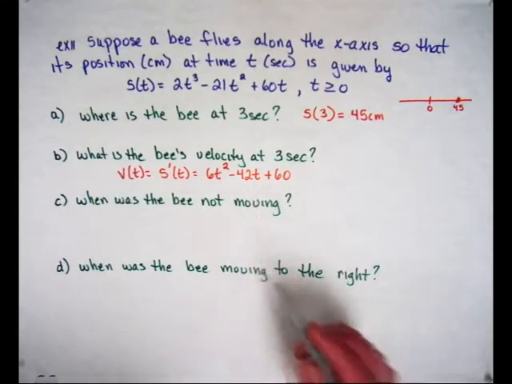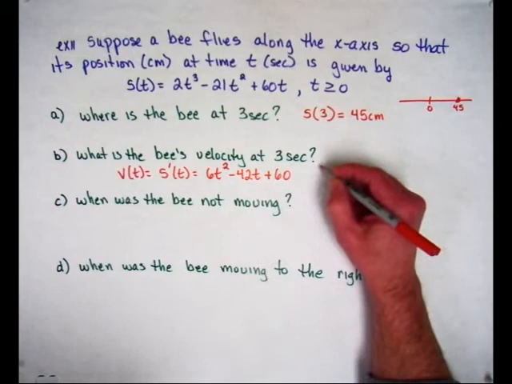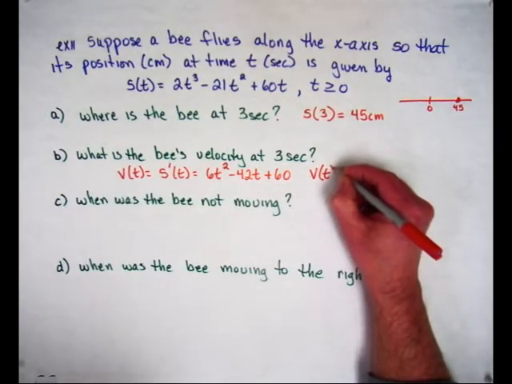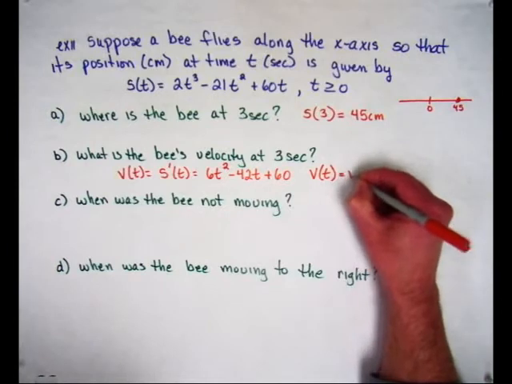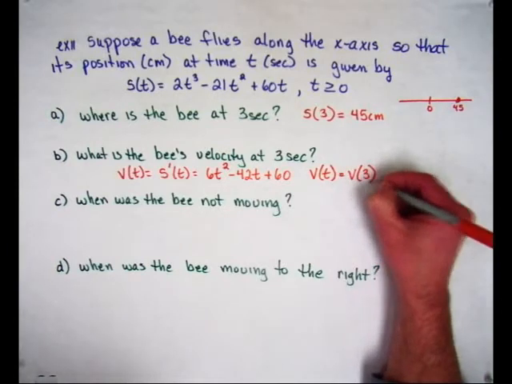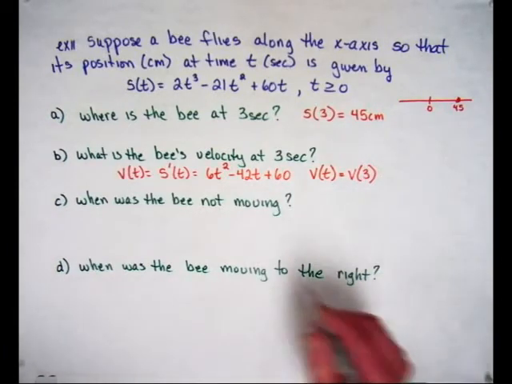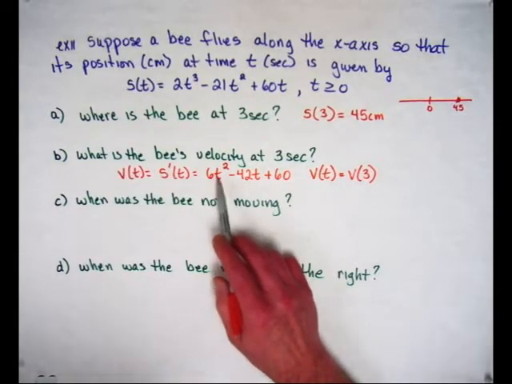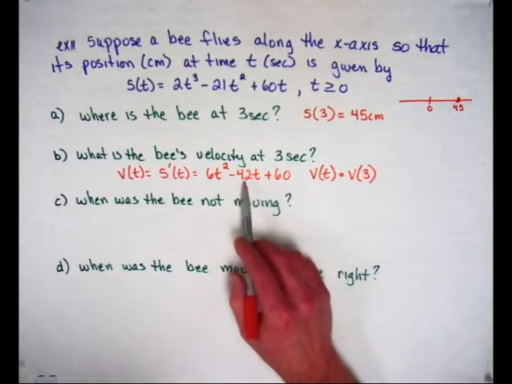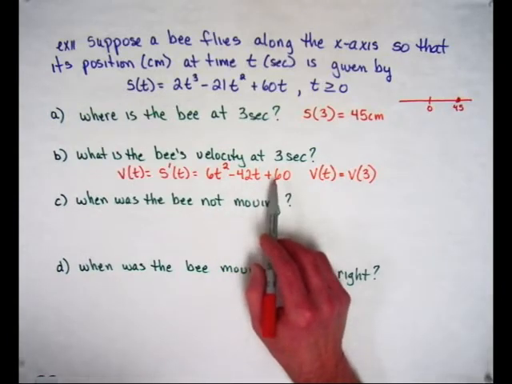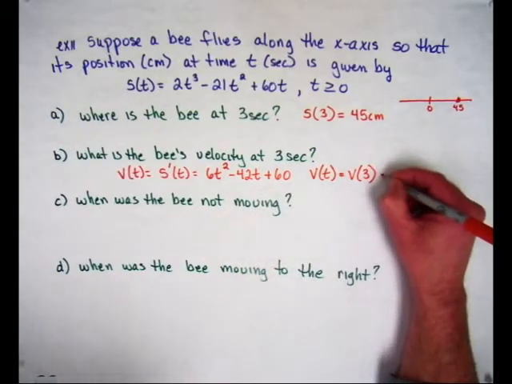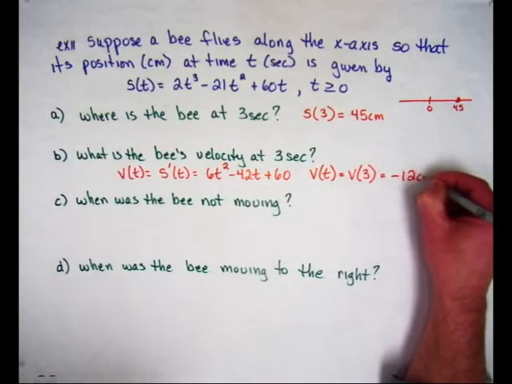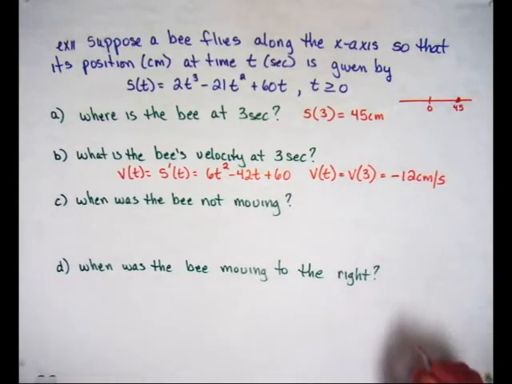So to find the bee's velocity at 3 seconds, I'm just going to plug the number 3 into the velocity function v of t. So that would be v at 3. And again, I've done that already. If you plug 3 into here, I'm plugging it in for time. So 6 times 3 squared minus 42 times 3 plus 60. The answer turns out to be negative 12 centimeters per second.